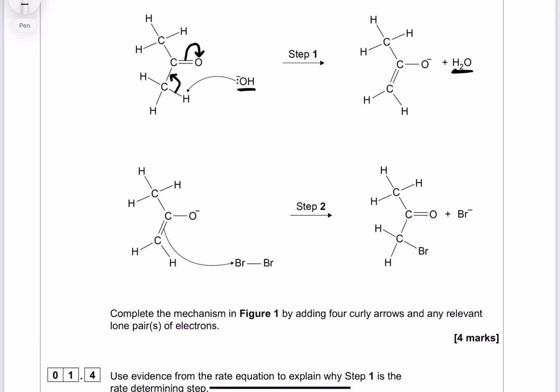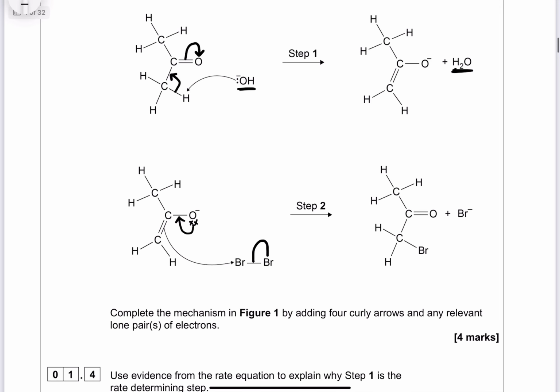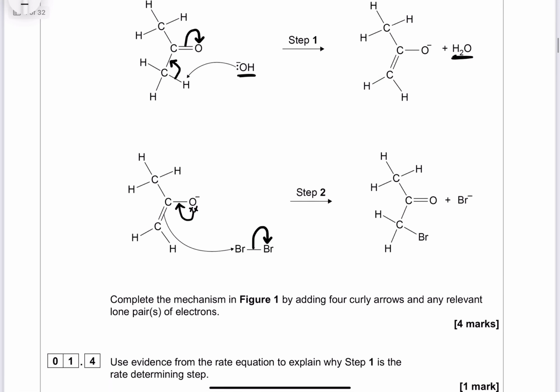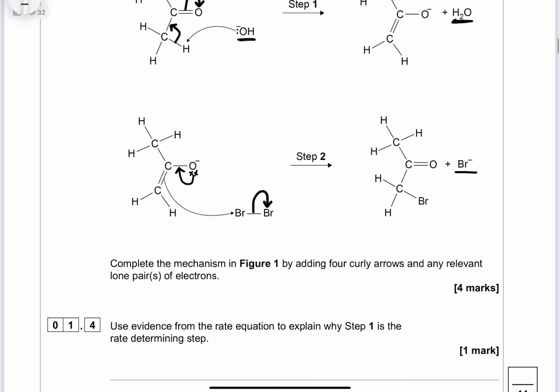So to make a C double bond O, we'd have to use a lone pair to reform the double bond, then the CC double bond is collecting a bromine, and we must be breaking the Br-Br bond and putting the electrons onto the Br to make this Br minus. So we've added 4 curly arrows and 1 lone pair, and that has completed the mechanism.